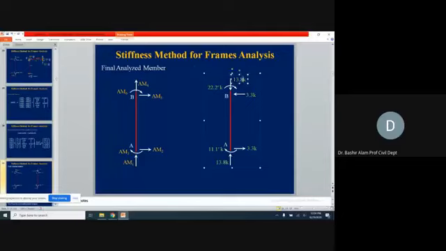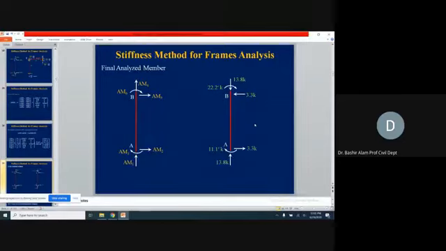We have to make changes because the member should be in equilibrium. The shear, you see, and as I said, both moments are in the clockwise direction.